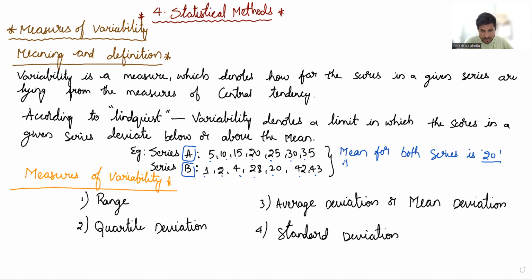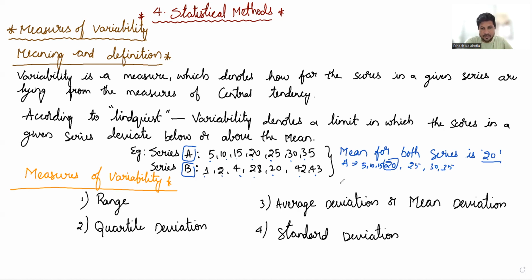For series A, 20 is the mean: 5, 10, 15, 25, 30, 35. Very low variability is there, right? They are only a little bit away from the mean.